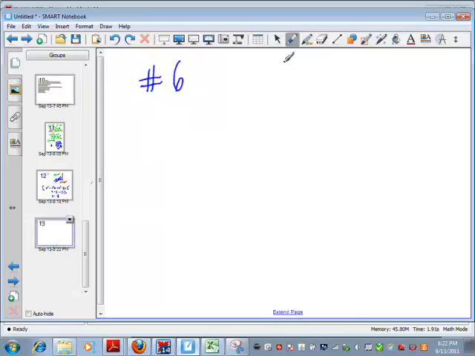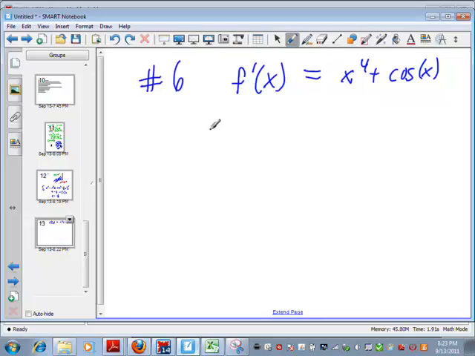Now I have a function. Suppose I told you f prime of x is equal to x to the 4th plus the cosine of x, and then I told you that f of 0 is equal to 12.